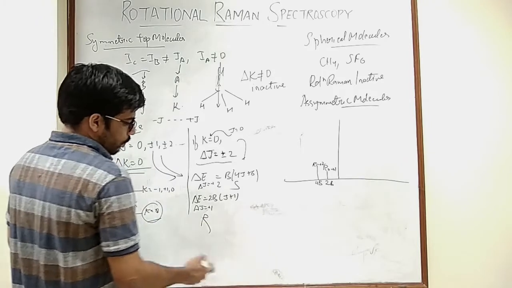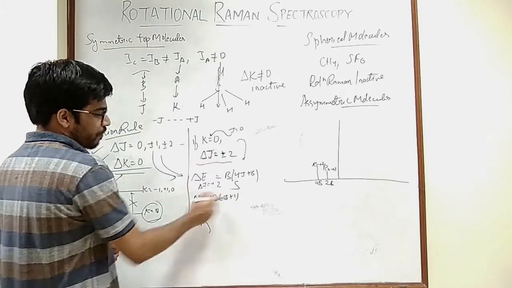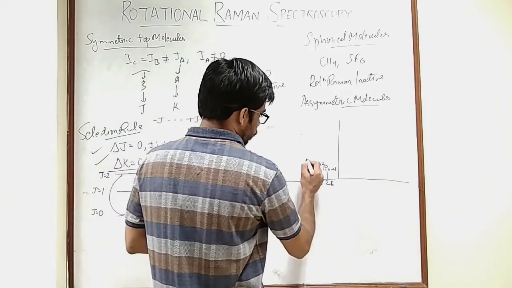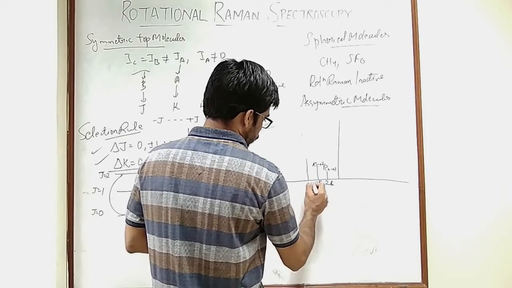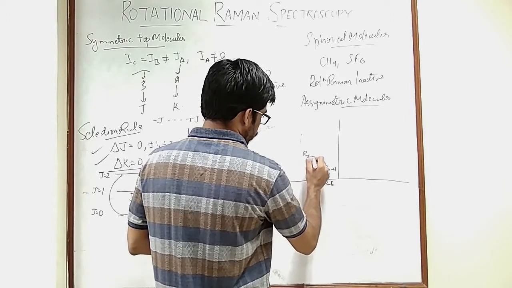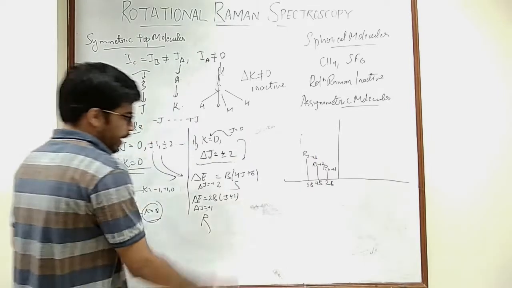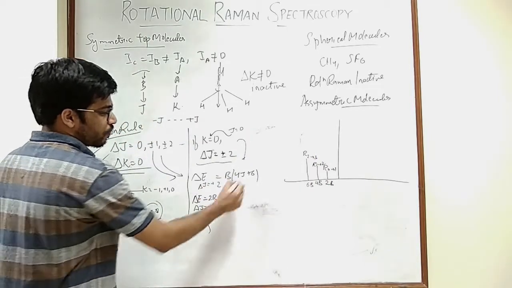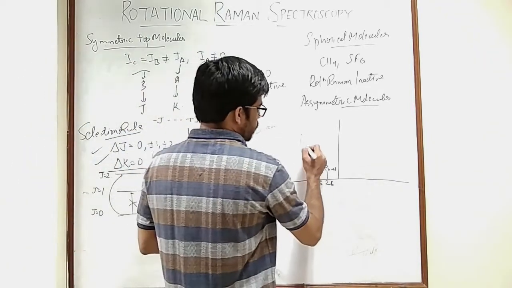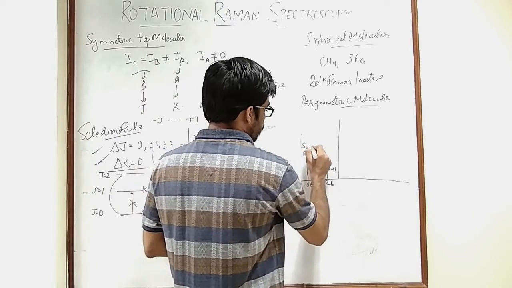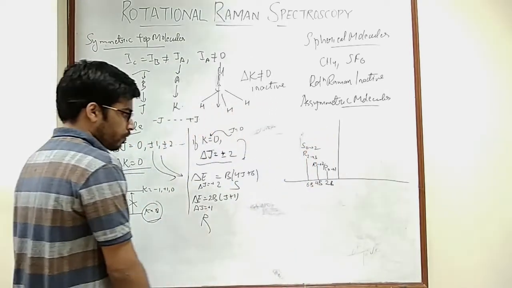Then for J equals 2, I'll have 6B. Correct? And at the same time, I have one line from here for J equals 0. So this is the same line for S 0 to 2. Right?